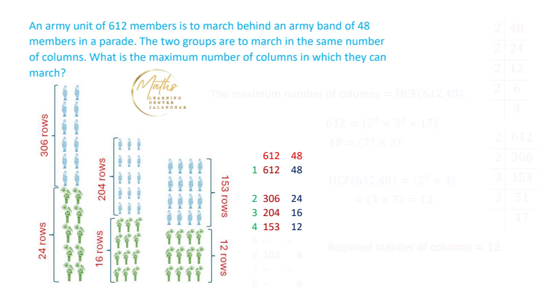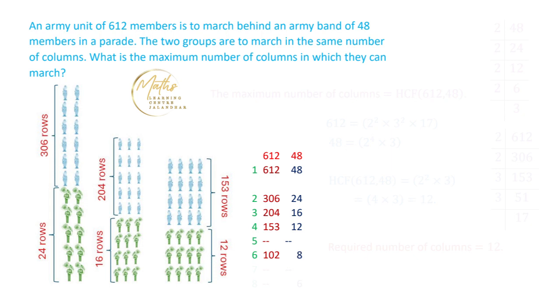If we talk about 5 columns, we cannot arrange 612 persons in 5 columns because 612 is not divisible by 5. Similarly, we cannot arrange 48 persons in 5 columns. Next, for 6 columns, if we divide 612 by 6, the quotient is 102, and for 48 the quotient is 8.